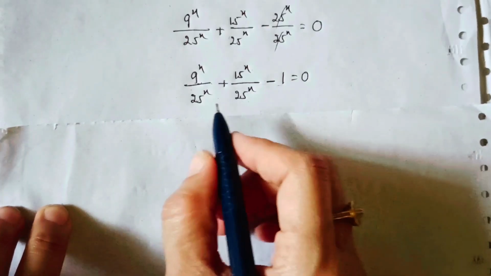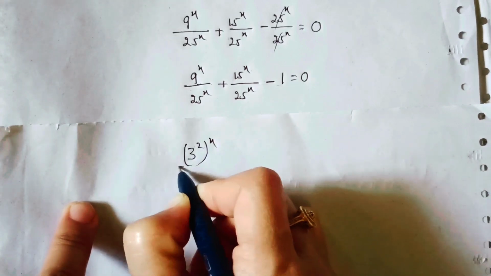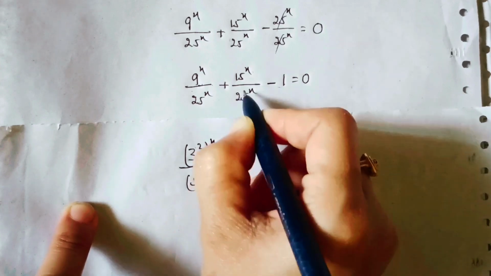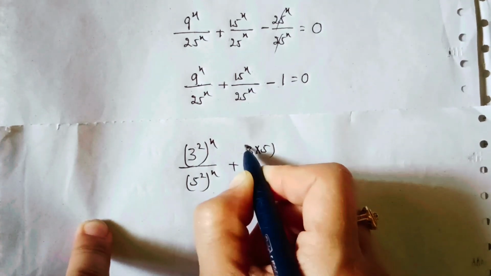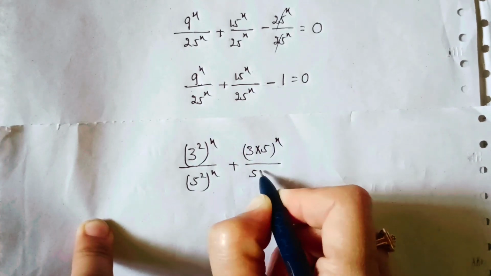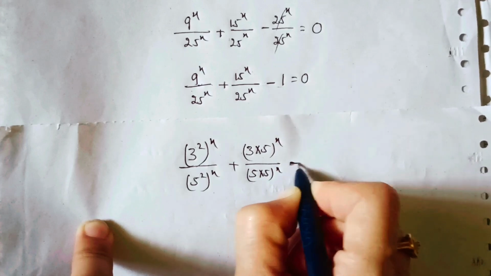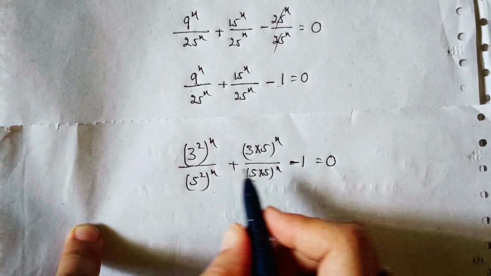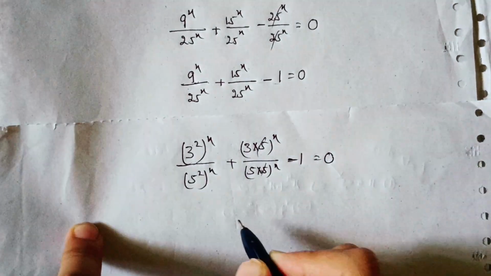Okay, so this can be written as 3 square whole to the power x divided by 5 square whole to the power x plus this 15 can be written as 3 multiplied by 5 whole power x, divided by this 25 can be written as 5 multiplied by 5 to the power x minus 1 equal to 0. Okay, got it? Just look at here, 5 and 5 get cancelled.